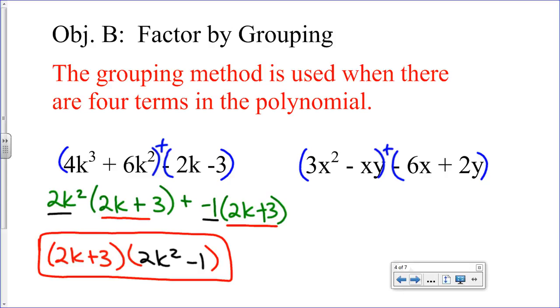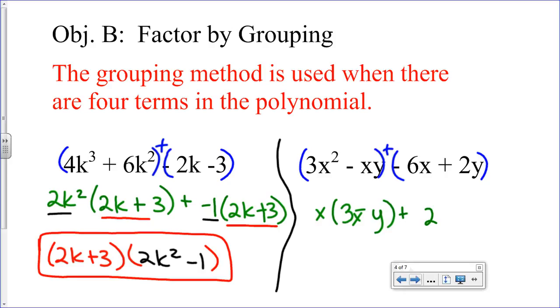My common factor, the only thing I have in common on the first one is an x. So that leaves me with 3x minus y. And then I have a 2.